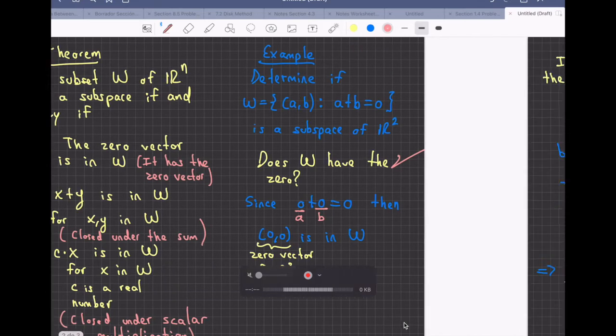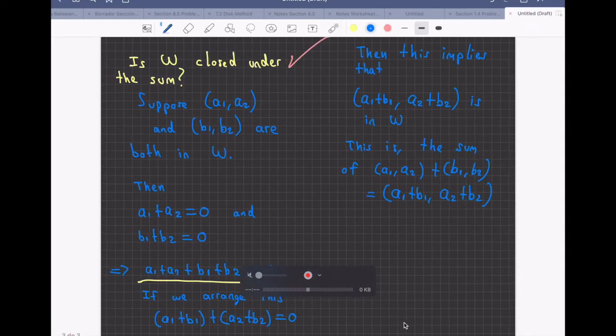Is W closed under scalar multiplication? So the same.